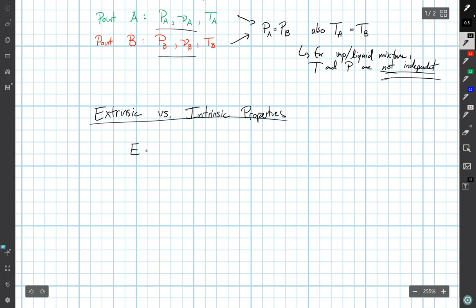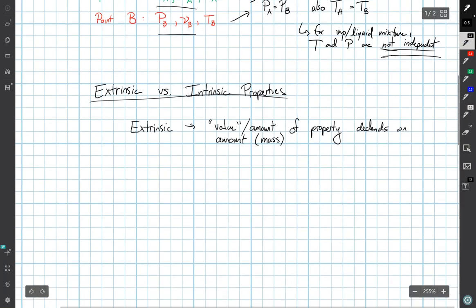For an extrinsic property, and I'll just write here the value, that's kind of what we would colloquially call this, the value or the amount of the property depends on amount. By amount, we mean mass, typically.